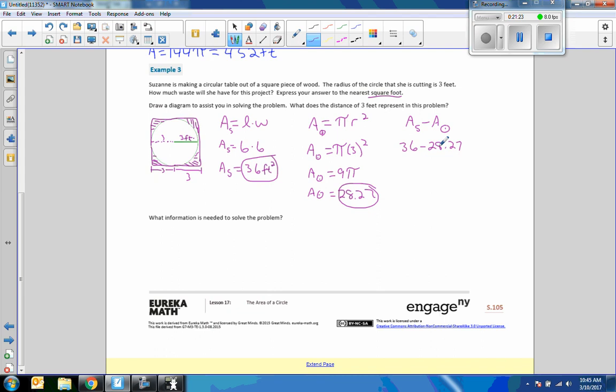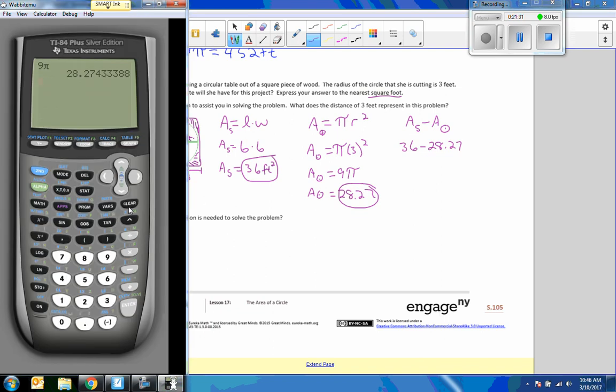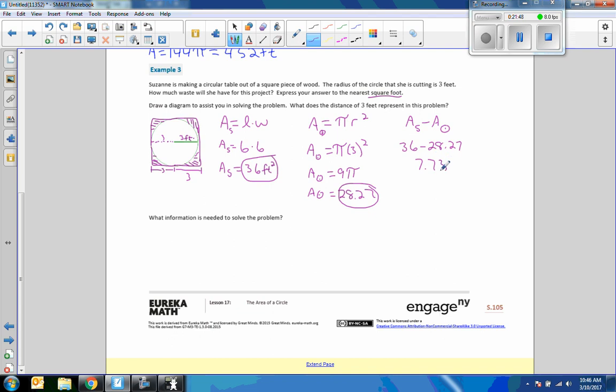Because if I rounded this to 28 and then subtracted it from 36, then my precision goes away. So I'm going to just simply subtract 36 minus the prior answer, and it's going to give me 7.73, and that's the area of the waste.